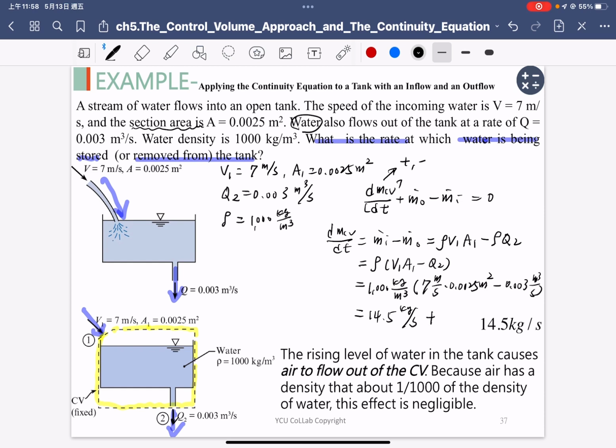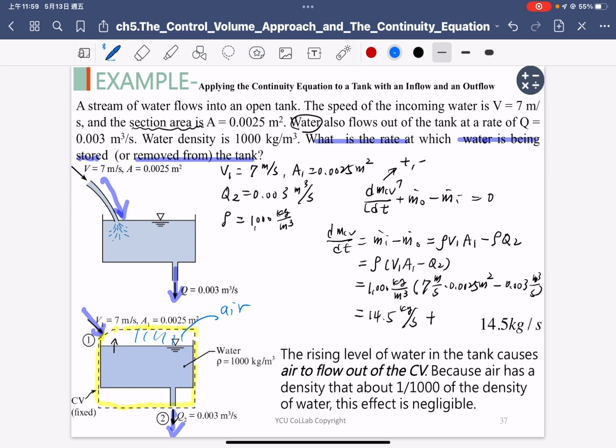So we can conclude that the water will be stored, right? Because the water surface will increase. Okay, but one thing is very important I would like to highlight. Because the water level increases, but originally here is the air, right? So when the water increases, that means the air will spill out.